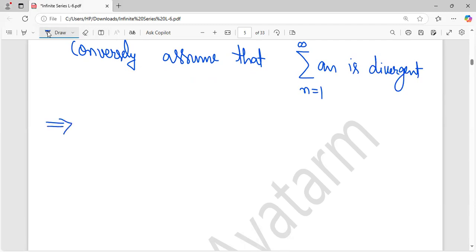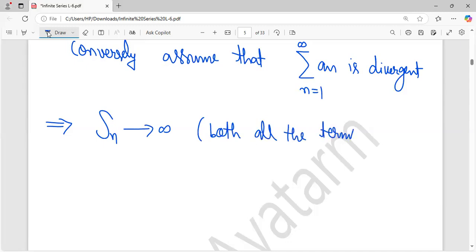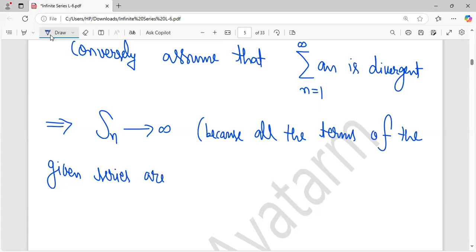So this implies Sn will tend to infinity, because all the terms of the given series are non-negative.